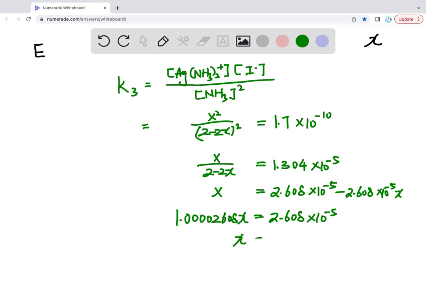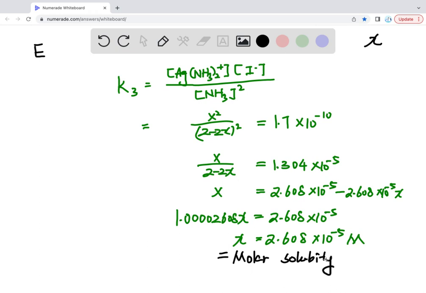The x will still be equal to 2.608 times 10 to the minus 5 molar. So this is the molar solubility of the silver iodide in 2 moles of the ammonia. And this is the answer. That's it.